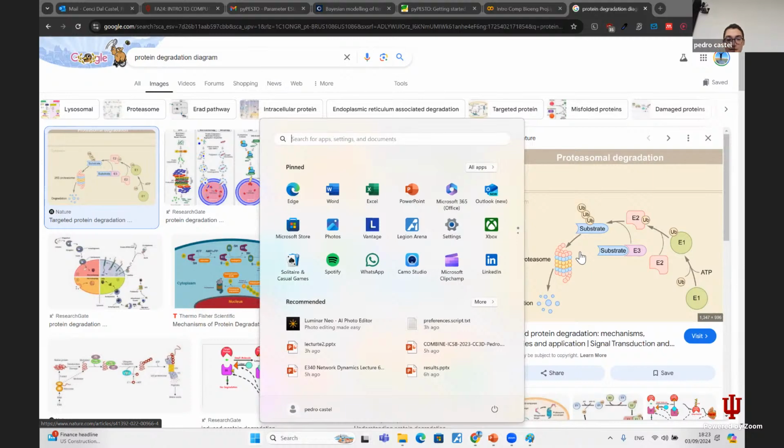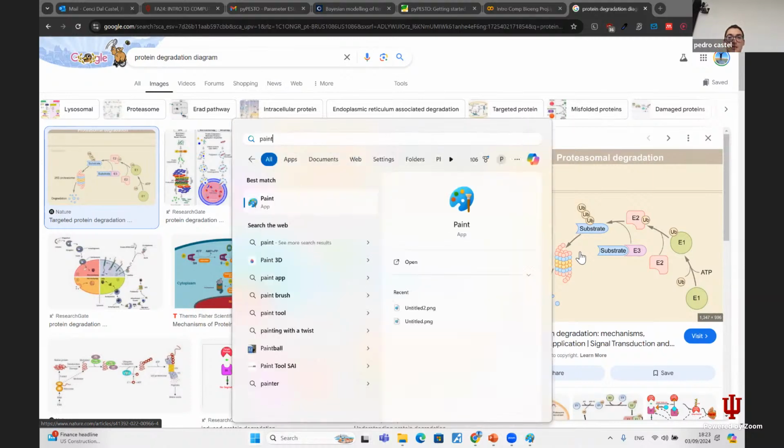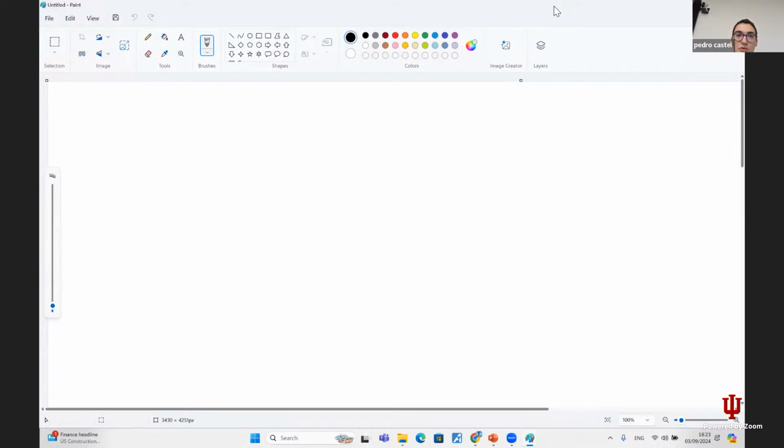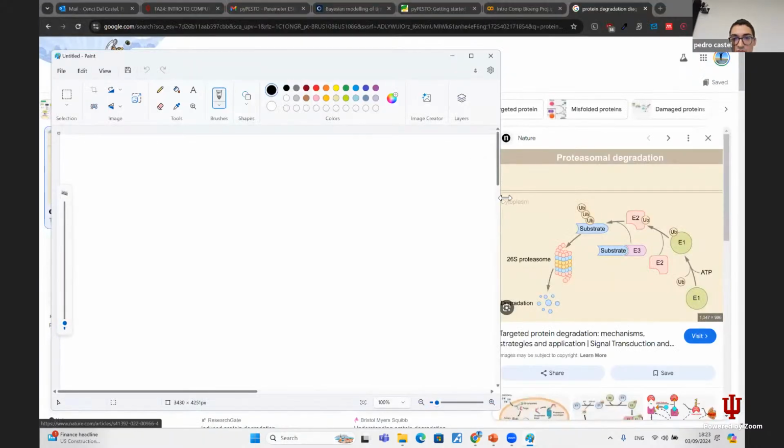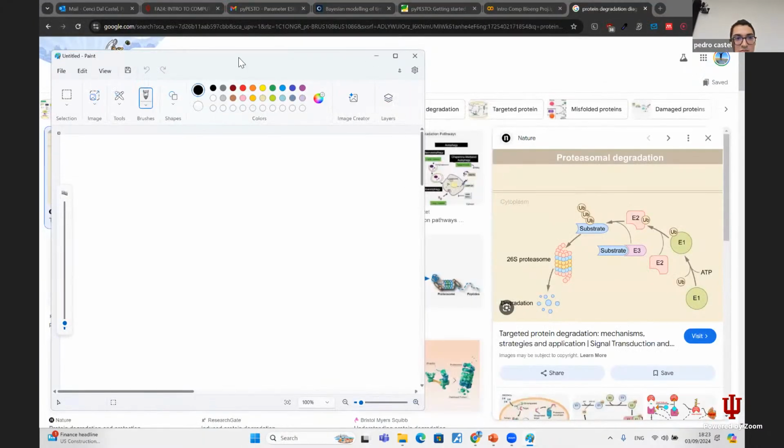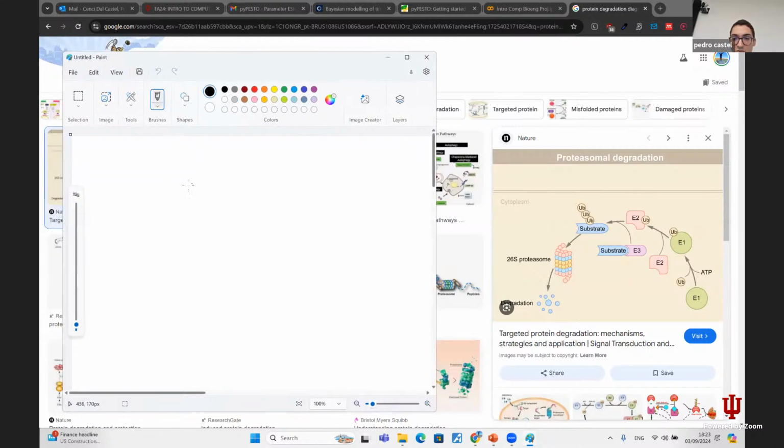So we can make a, but of course, let's say we want 2 nodes, okay? Let's make something very simple with just 2 nodes. I have my substrate. My substrate becomes nothing, so it's degraded.